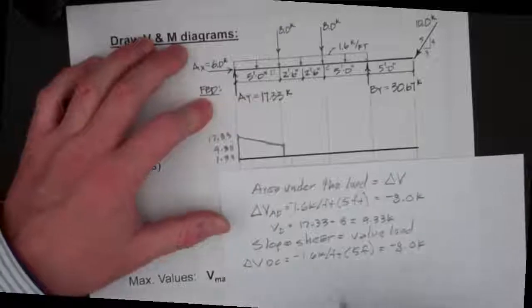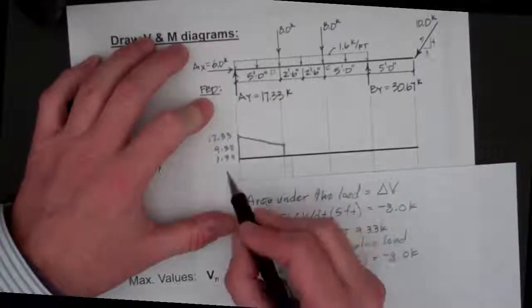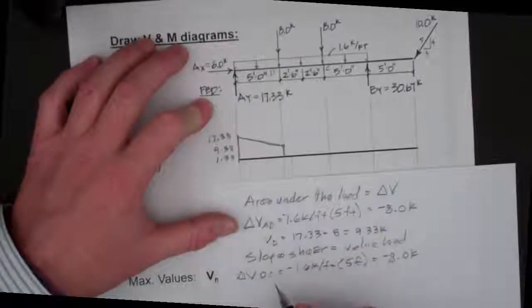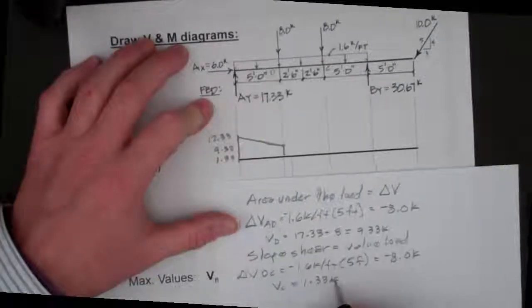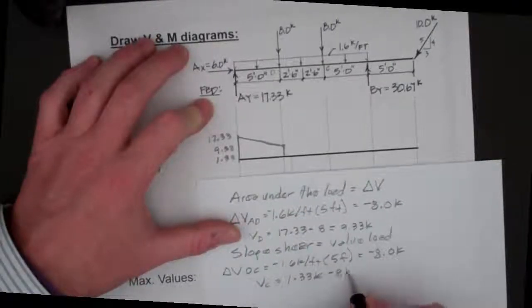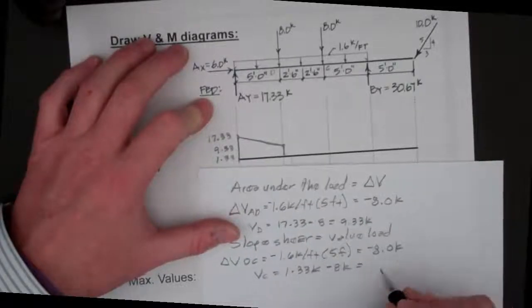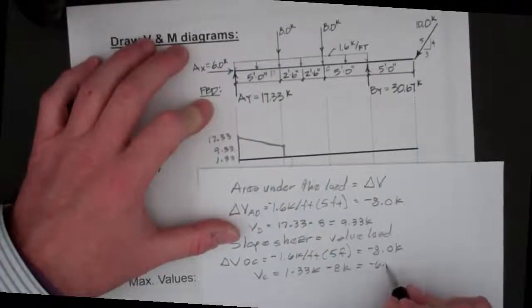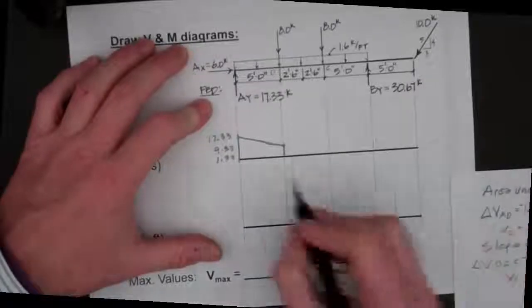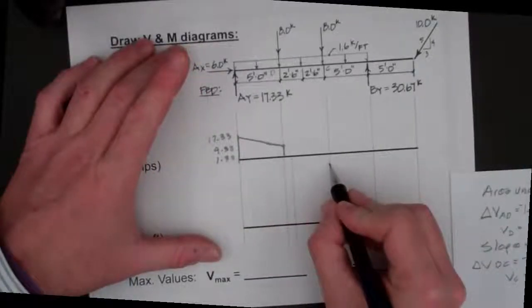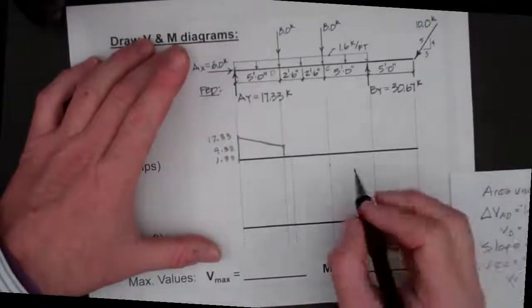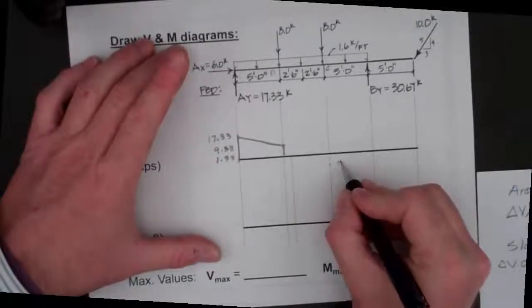So we're going to drop another 8 kips from point D, so that the shear at point C will be equal to the 1.33 kips minus the 8 kips, so we get a negative 6.67 kips. And here we're going to drop down below the axis to a minus 6.67 kips.